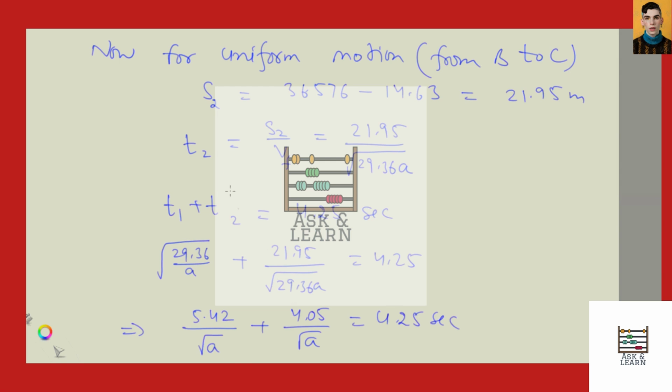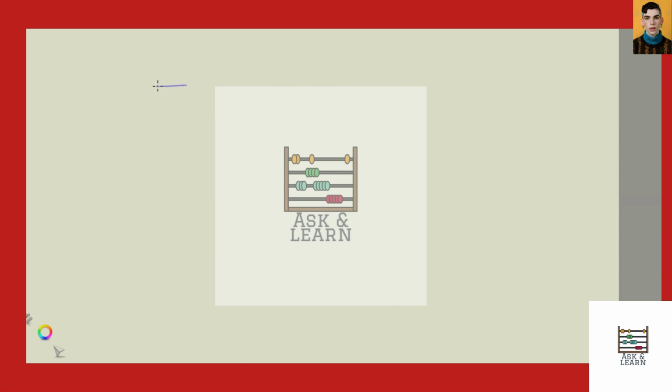Now finally adding these two terms on the left hand side, square root of A, and in numerator 5.42 plus 4.05 will come out to be 9.47, is equal to 4.25. Or the square root of A is equal to 9.47 divided by 4.25 seconds.